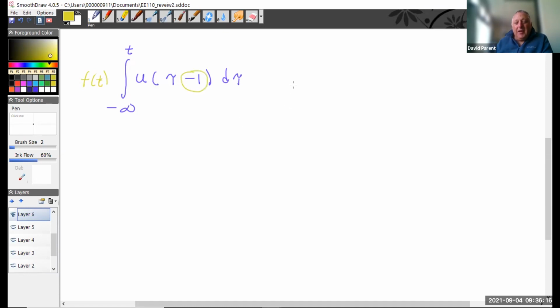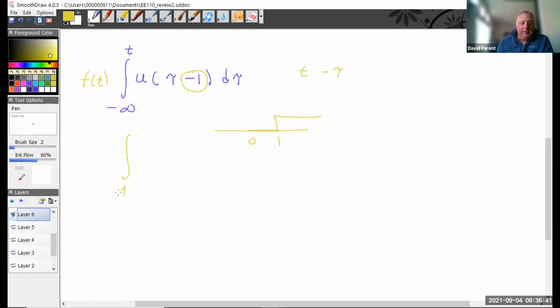Right? And in a way, we're getting towards t minus tau, right? Well, the thing is let's just plot it out. If that's 0, that's 1. This is 0 up until 1, right?